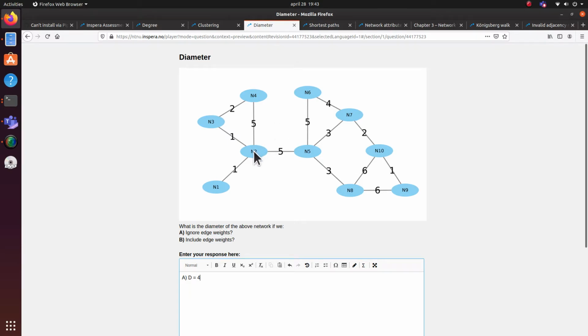That means n2 is definitely not going to be involved in any of the longest paths, because the shortest path from n2 itself to anything here will be shorter than anything we have on this side. And so we see that the one that's the furthest from n2 on the left is n4 with a distance of 5. If we look on the right side, we can take the same approach.